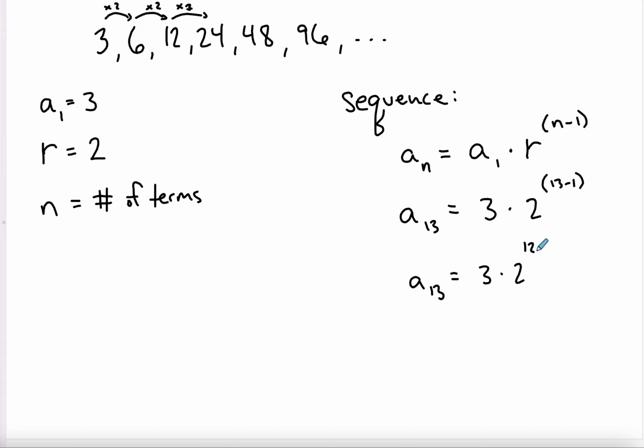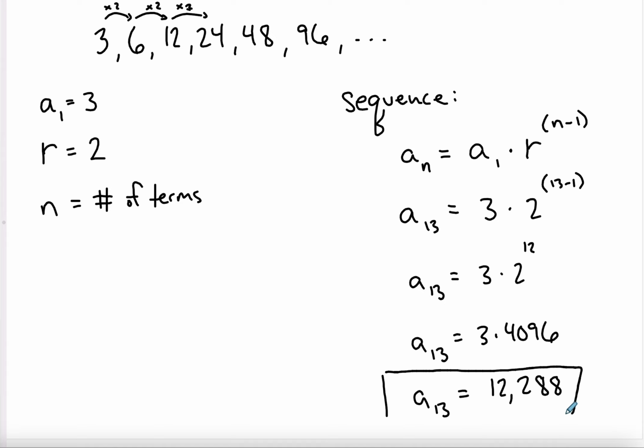I'm going to use my calculator here. 2 to the power 12 is 4,096. That times 3 is 12,288. So the 13th term of this sequence is equal to 12,288.